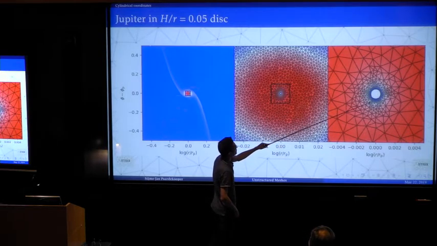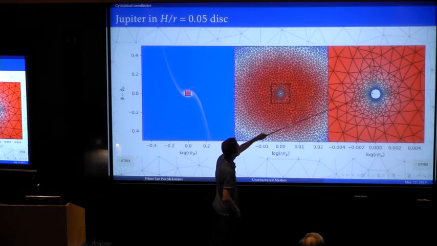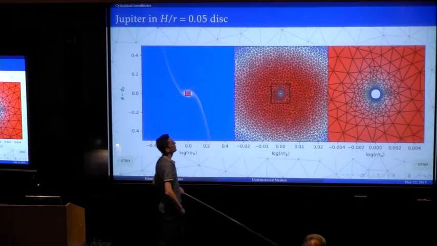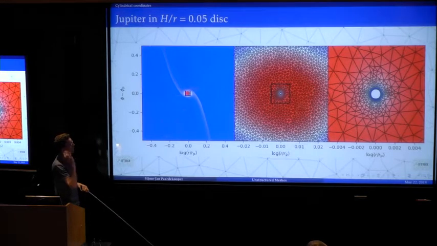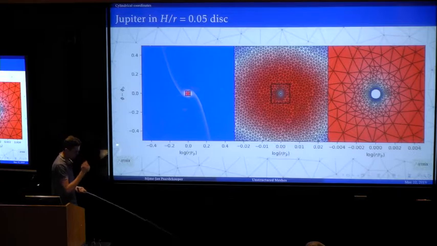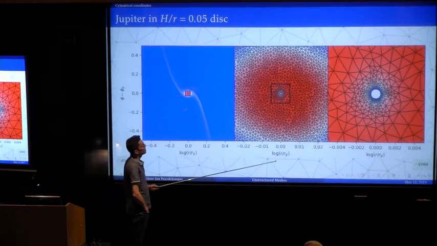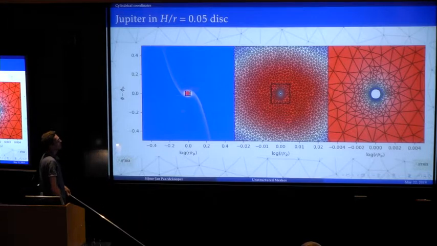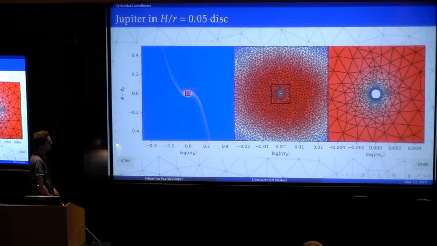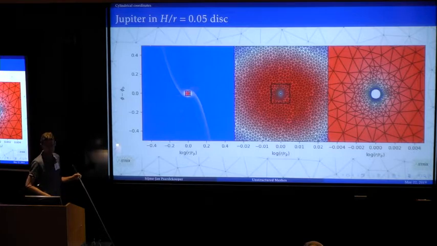So it's very efficient in only having this high resolution because I want to resolve what would in the end be the core of the planet. This is a dynamic range of about 10,000, and I can do this in an hour on my laptop. So the hope is that you can start to do similar things in 3 dimensions with a proper machine.